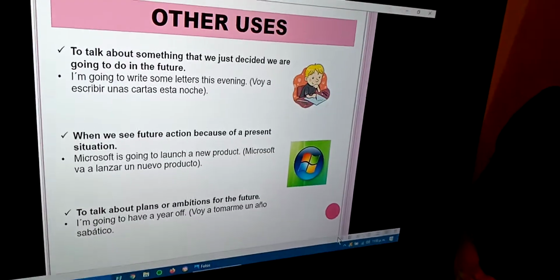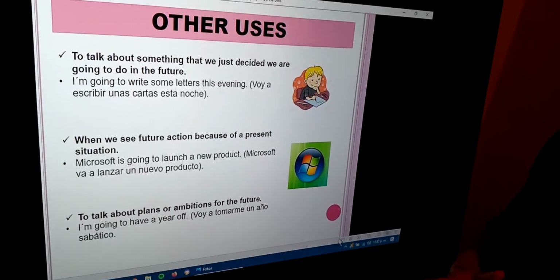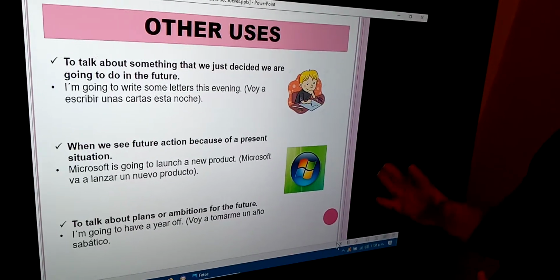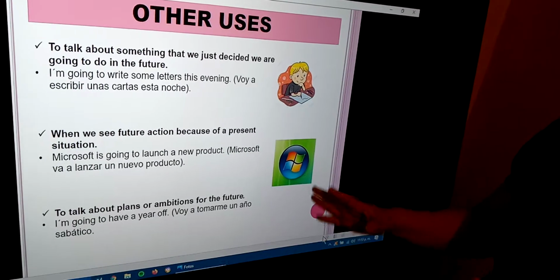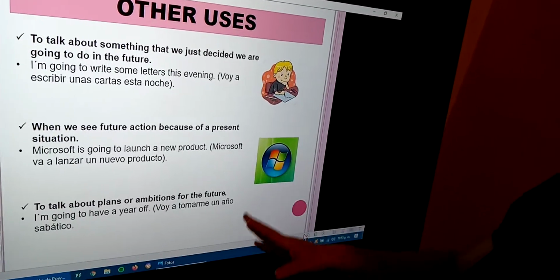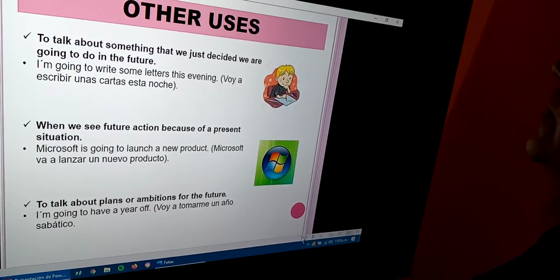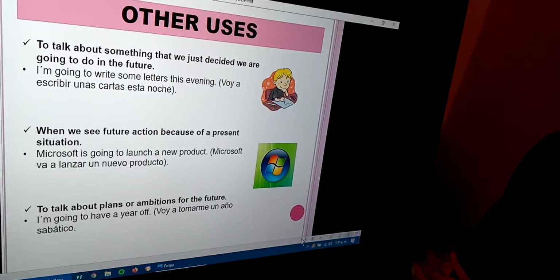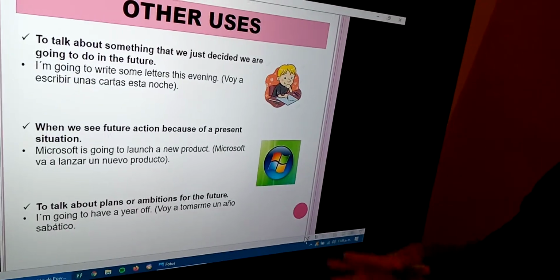And the next is when we see a future action because of the present situation. Okay? This is the present situation. Microsoft is going to launch a new product. In Spanish we say, Microsoft va a lanzar un nuevo producto.